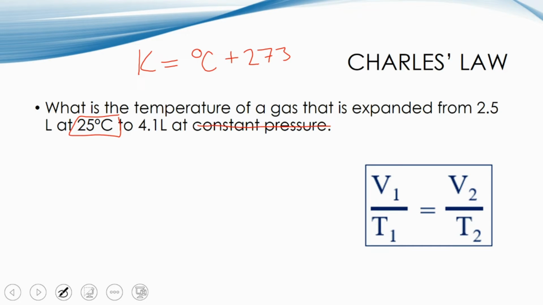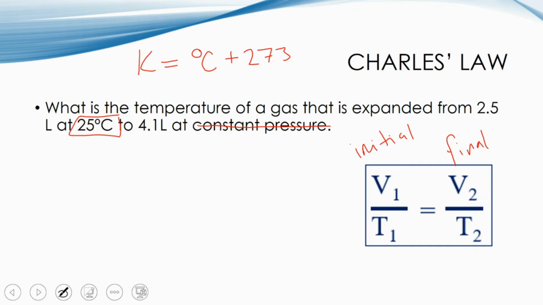My next tip is for you guys to always label your variables. So we know that we have volume and temperature 1, volume and temperature 2. What that represents is your initial and your final. So here's where all of our reading skills are going to come into play because we need to figure out which numbers are representing the initial values and which numbers are representing the final values.